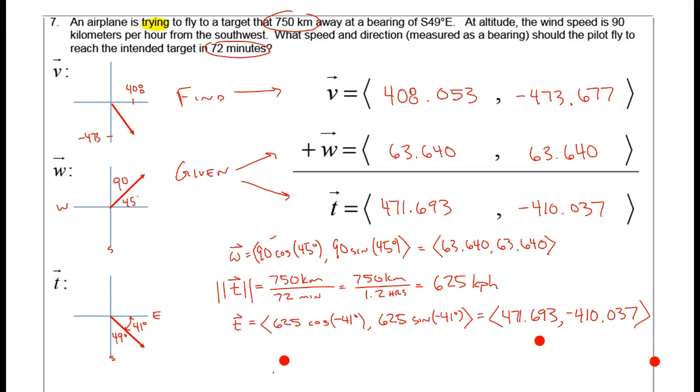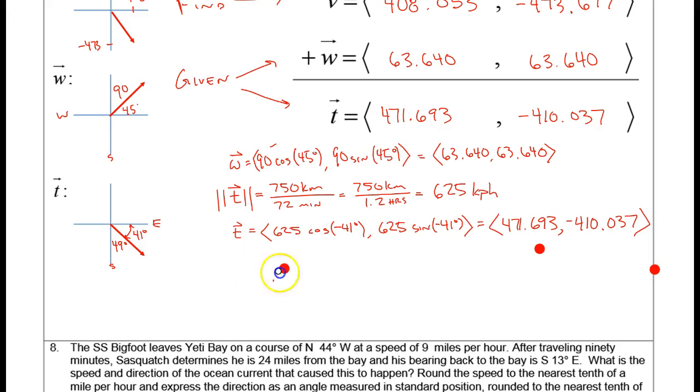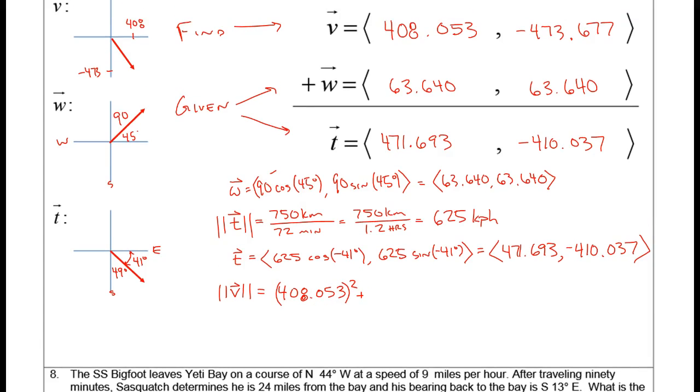Let's figure out what the magnitude of that vector is. The magnitude of vector v will be equal to the square root of 408.053 squared plus negative 473.677 squared.